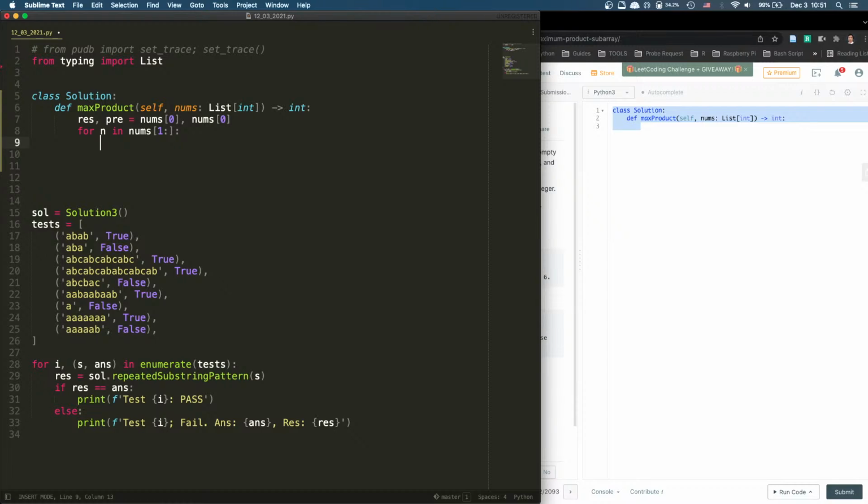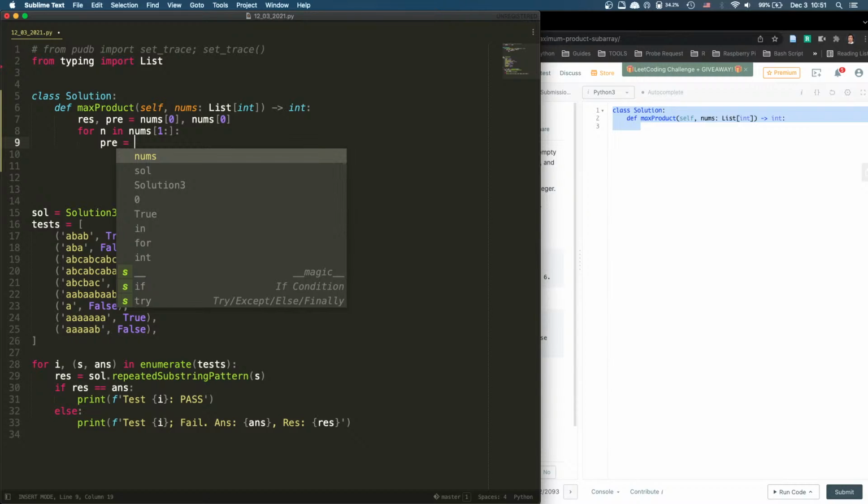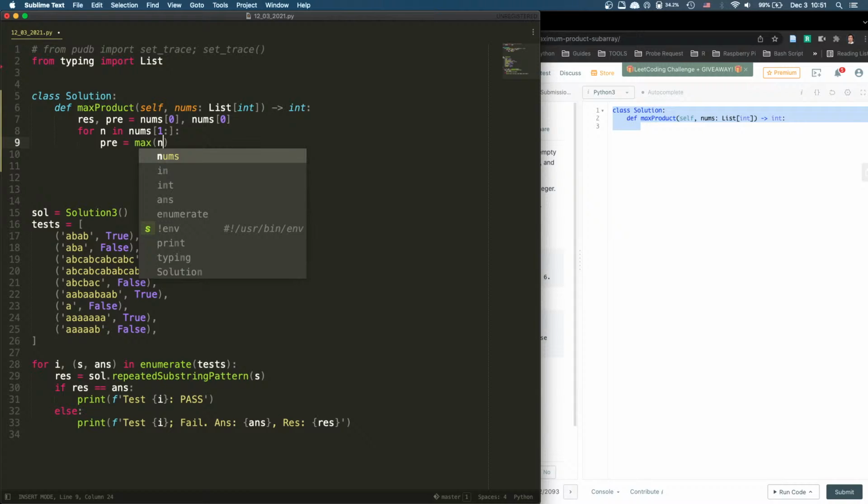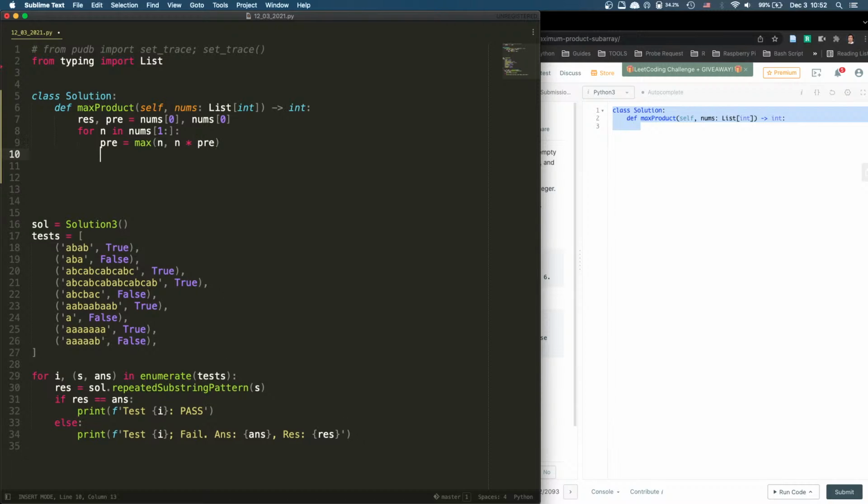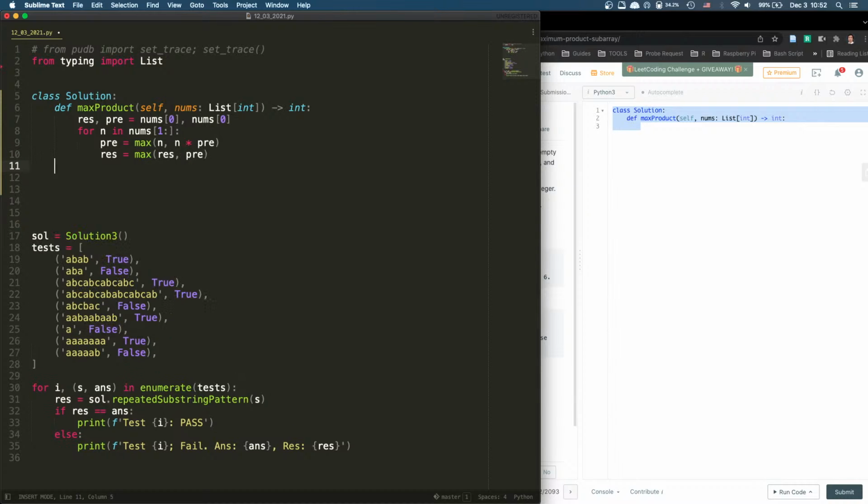So for n, basically we choose the bigger one. What I will do is either I multiply by pre or I start by myself. So I'm going to say pre equals the max of either n by itself, so I don't multiply, or n multiplied by pre, right? So I pick the bigger one, and then res equals max of res and pre. And at the end, we return res.